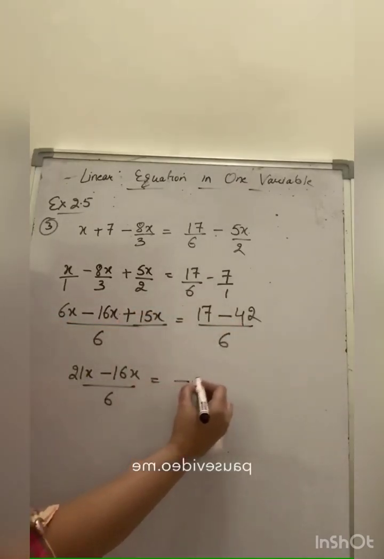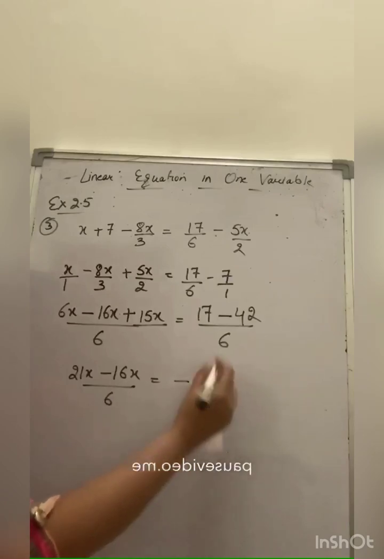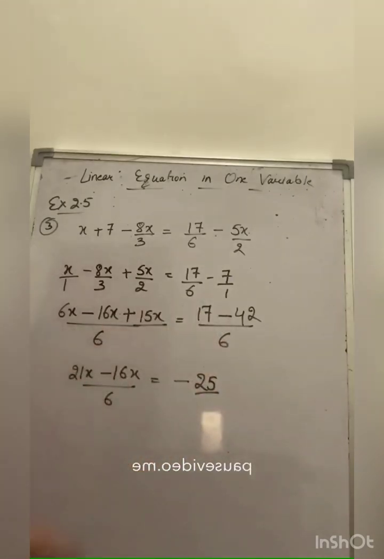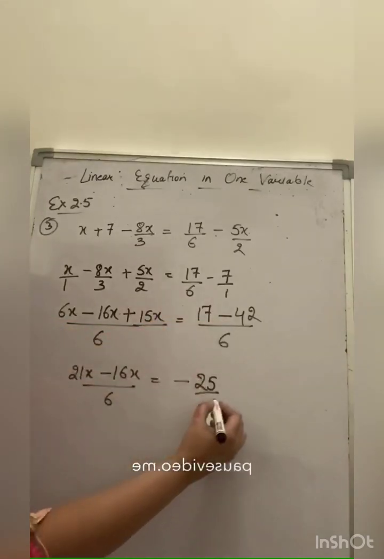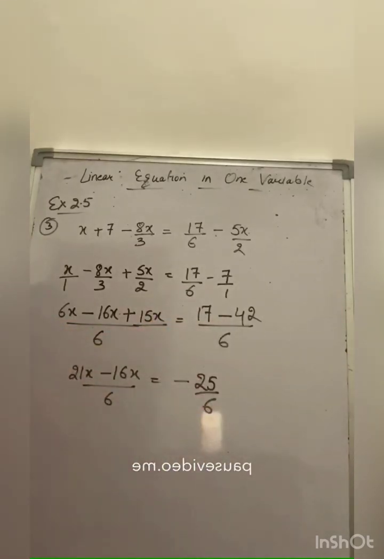But 25 will have a minus sign because we have the bigger number with the negative sign. So minus 25 by 6. 21x minus 16x is 5x over 6 is equal to minus 25 over 6.